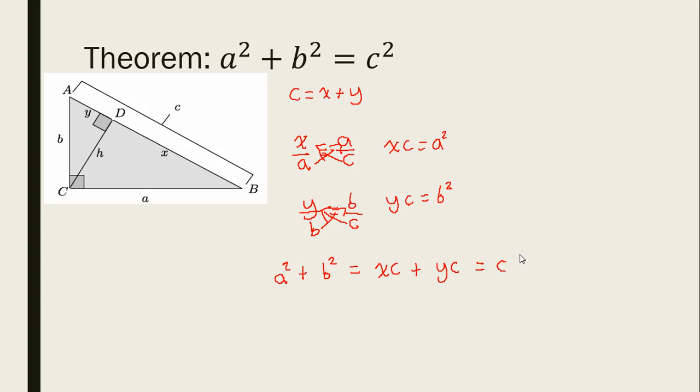And I get c times x plus y. But x plus y is just the same thing as c from up here. So I get c times c, which is equal to c squared. And there you go. The most important theorem in all of geometry is that simple.